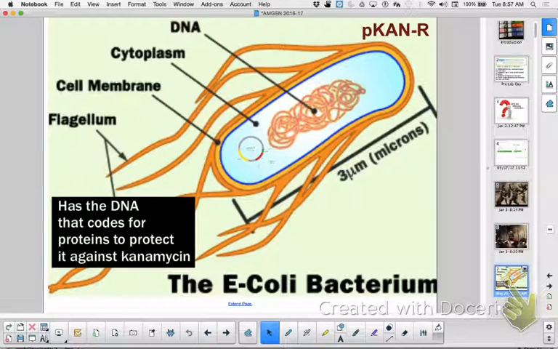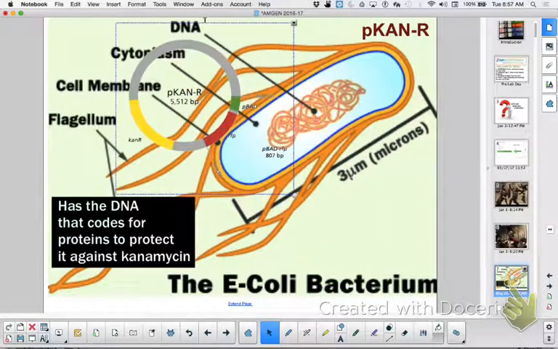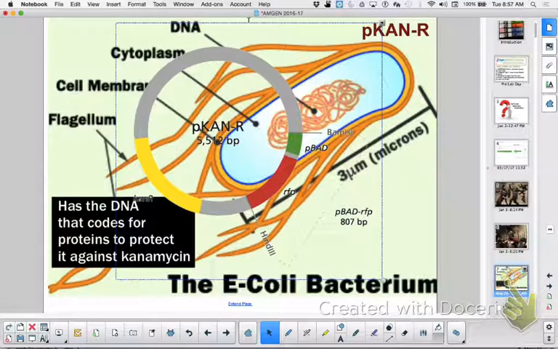So here, for instance, is some E. coli. And it has the DNA that, if transcribed into mRNA and translated into a protein, will protect it against kanamycin. And this is one of the plasmids that you're going to be working with. It's pKAN-R. It's got an R because it's actually a recombinant. It's been made. These plasmids are used as vectors, a way to take DNA from one source to another.